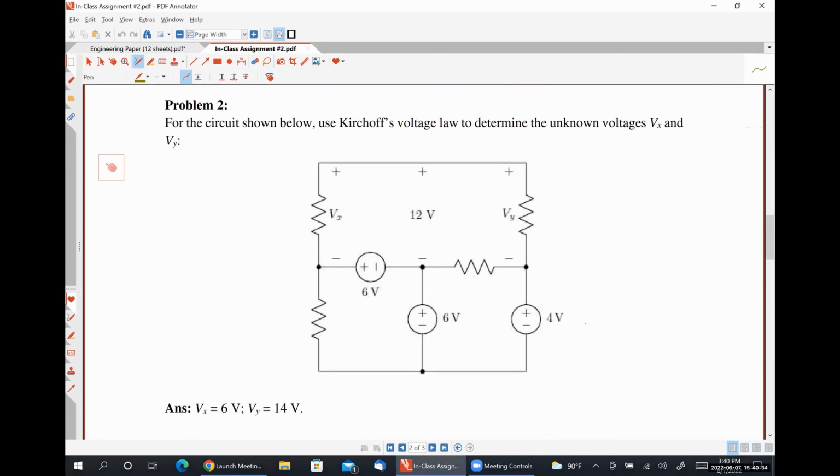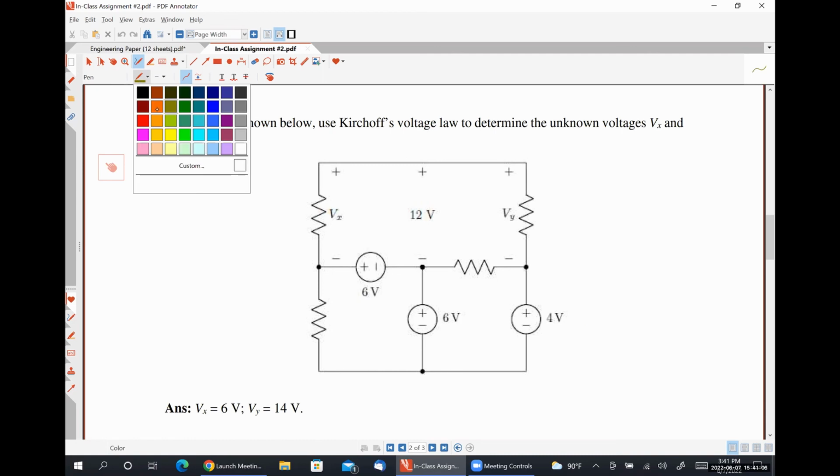Okay, so for this problem here, this is the one that you're talking about, right? Yes, sir. Okay, so for this particular problem, I ask you explicitly to use Kirchhoff's voltage law. So my intent here is for you to identify Kirchhoff's voltage law paths where the voltage that you're trying to figure out is the only unknown voltage.